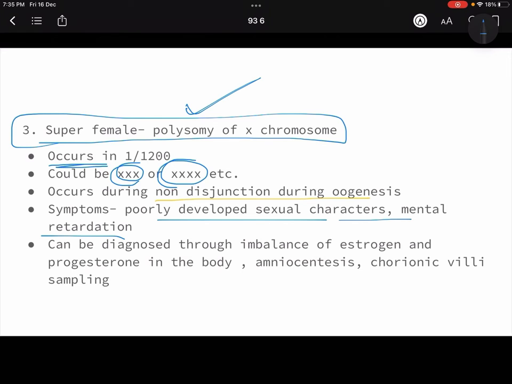ठीक है? Then if we have to write some other features of a super female, you can say there is impaired IQ. So IQ is impaired. That means IQ is not normal, below normal होता है. Poor breast development. ठीक है?